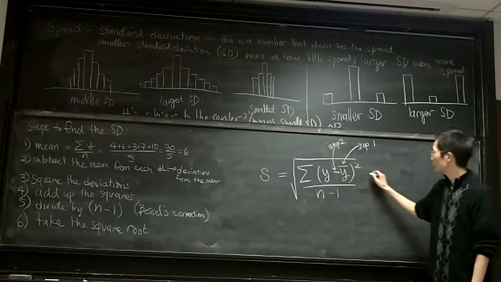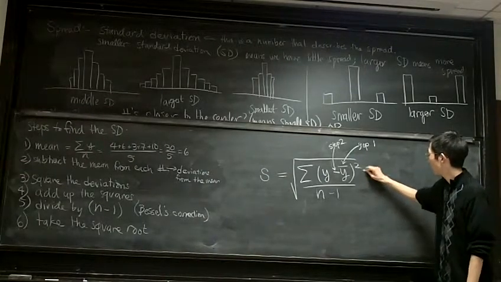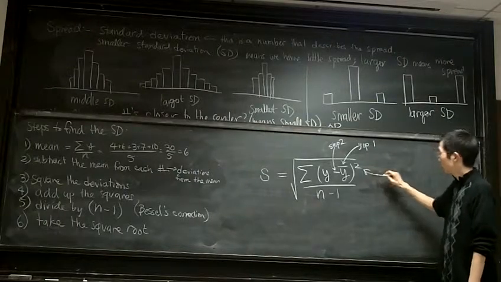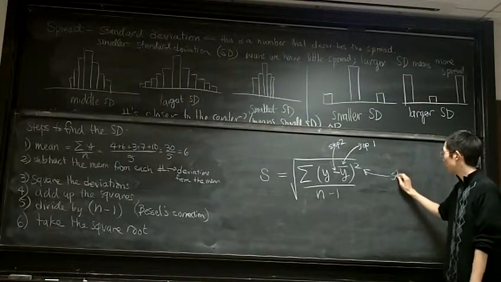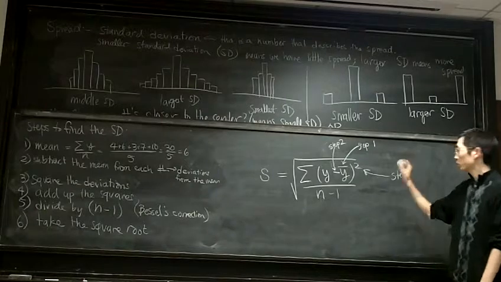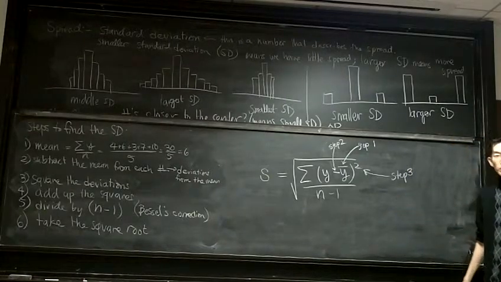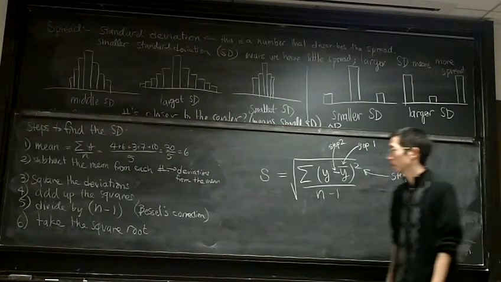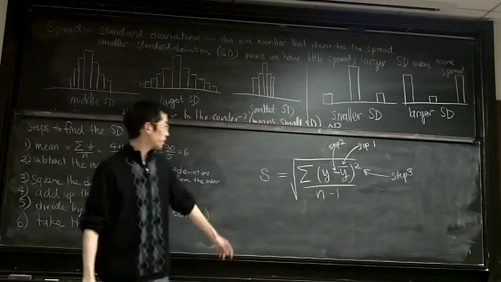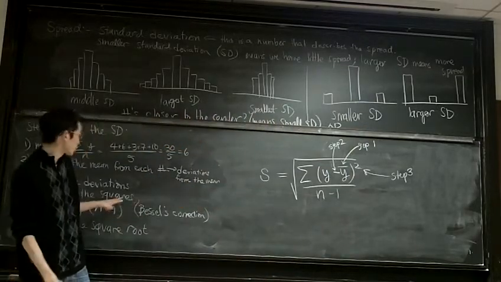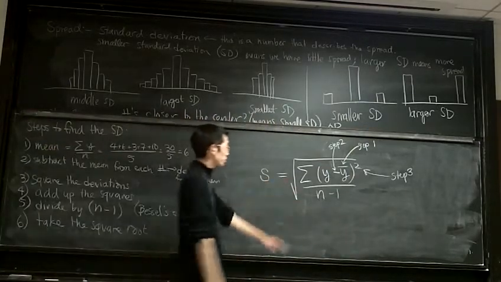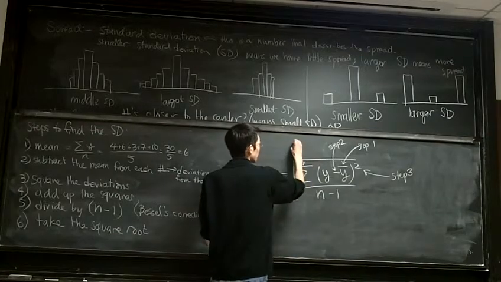And that resulting number, we square. We see that with that 2 right there. That's the third step: square the deviations. The fourth step is to add up each of those squares. So take the squares and we add all of them up.